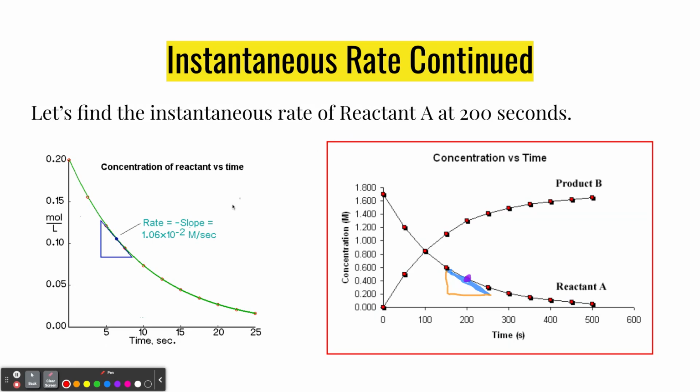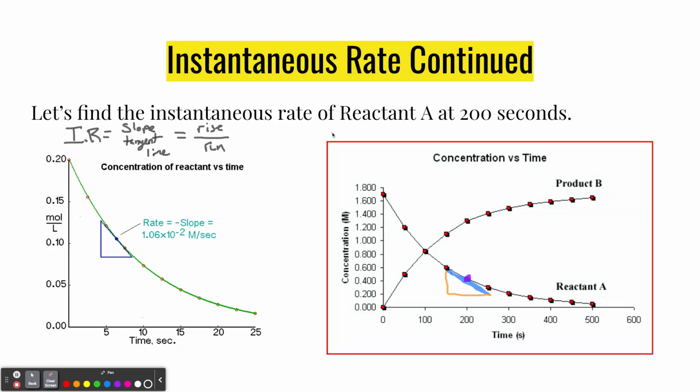So here we go. My instantaneous rate is equal to the slope of the tangent line. We know from algebra class that slope is simply rise over run, right?